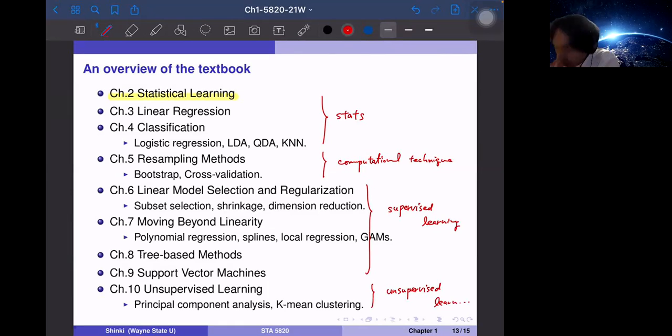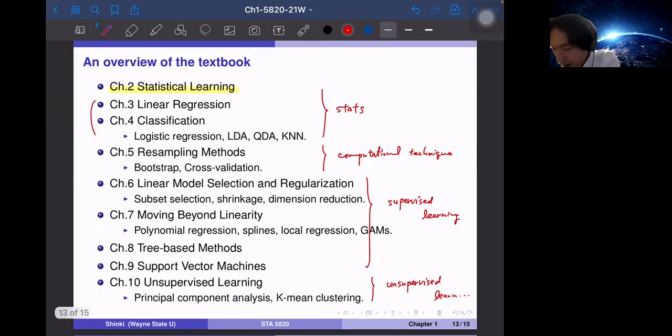So these are the concepts. The regression and classification you probably see what's happening, and the resampling methods I will explain. Maybe I will just give you some brief ideas of some other sections.